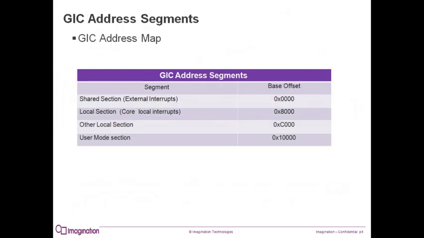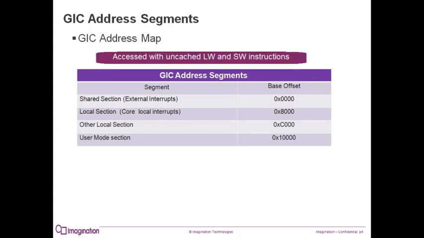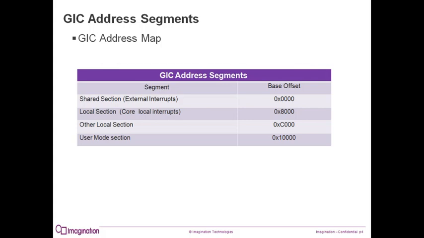Starting at the GCR GIC base address mentioned in the previous slide, the GIC address space is accessed with uncached load and store commands. For each load or store command, the hardware supplies the physical address and the number of the processing element of the register. The processing element number is used as an index to reference the appropriate subset of the instantiated control registers.